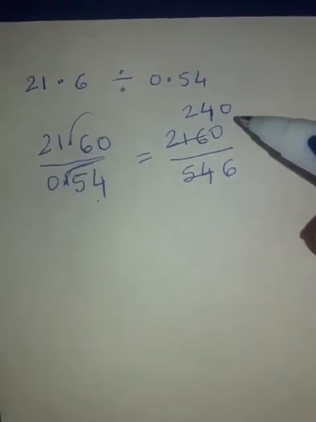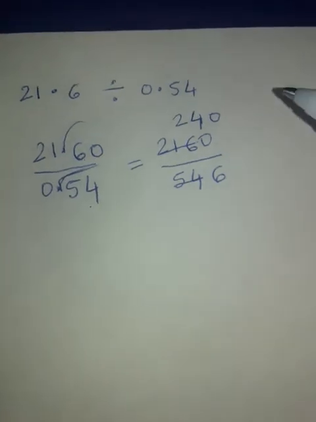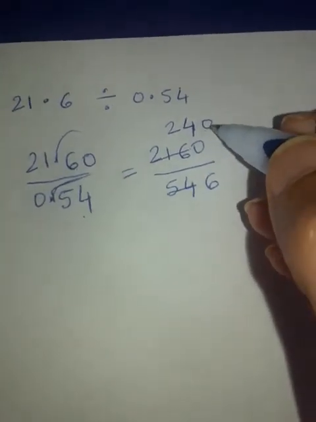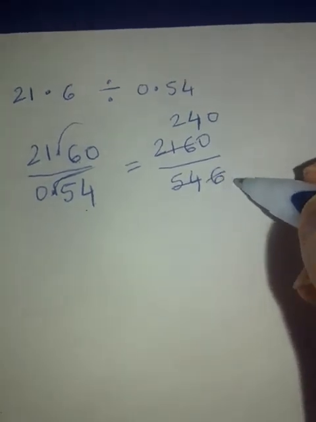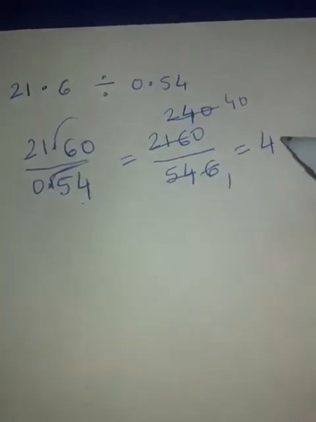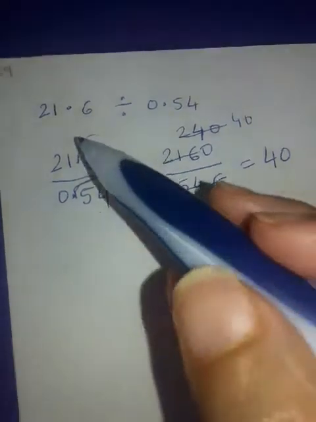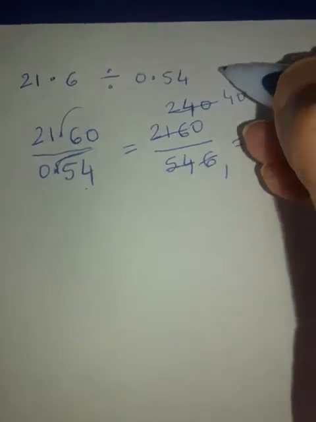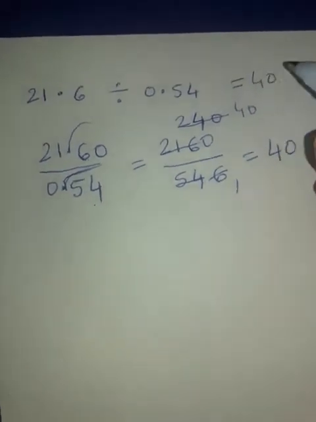If you noticed 18, it would be better if you divide by the bigger number, that will save your time. So it's 240 upon 6, 6 fours are 24 and 0, so your answer is 40. 21.6 divided by 0.54 is 40.